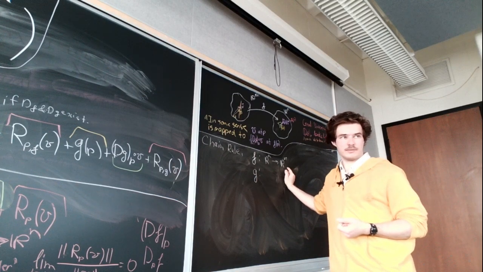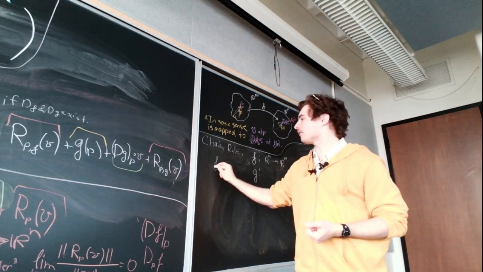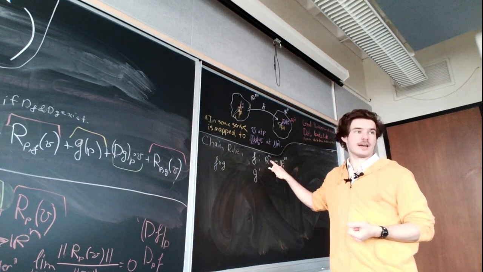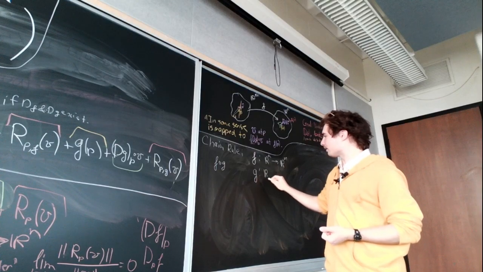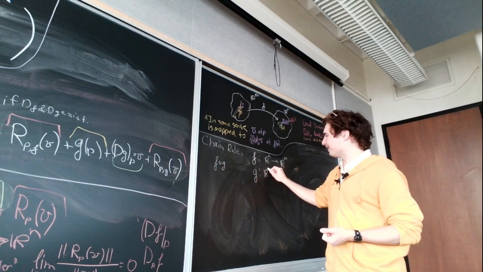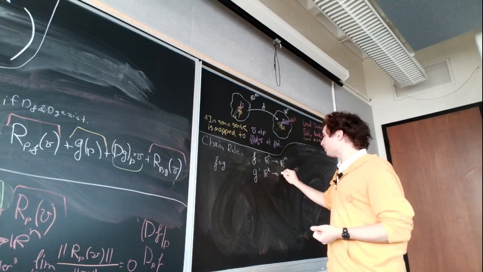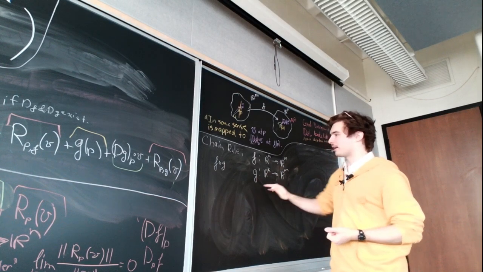Not necessarily R^n. What do we want to do? I want to do f composed with g. Do you agree? So g has to map into R^m. So it's R^k, yeah, you're right, R^k to R^m. Okay.